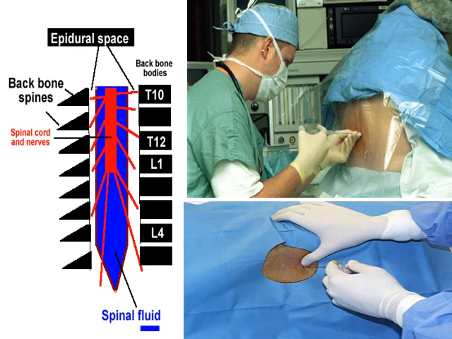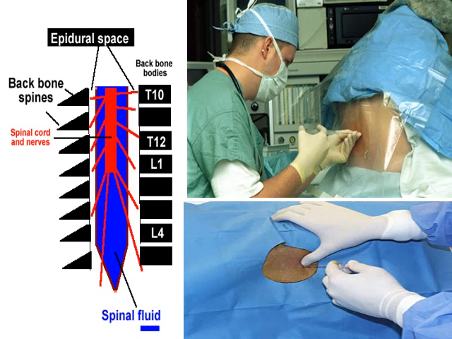Again, spinal anesthesia involves injecting the drug in the subarachnoid space, in the CSF. So the drug is circulating around the spinal cord and spinal nerves.